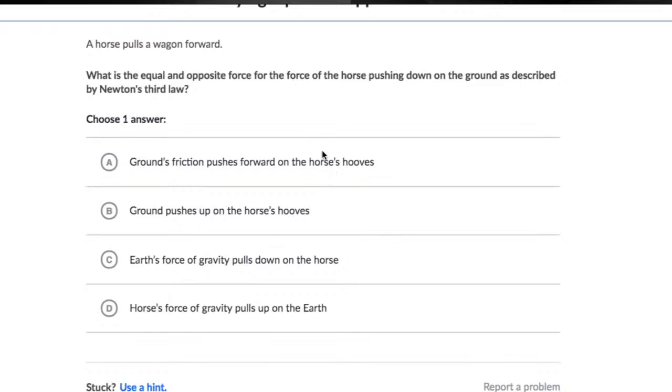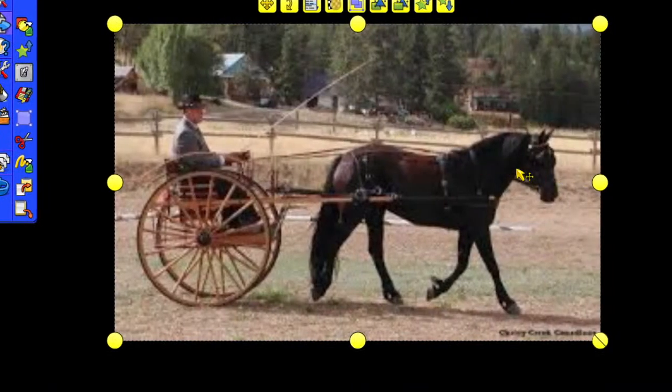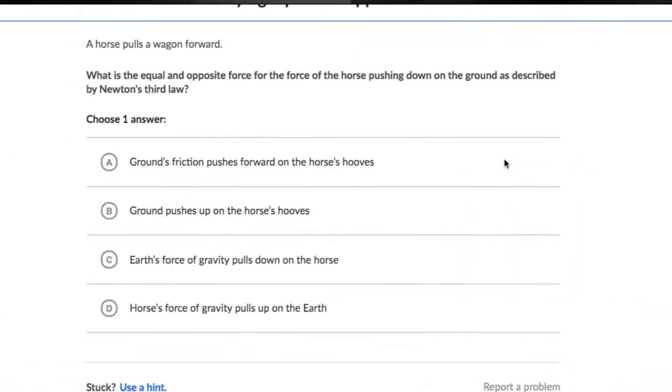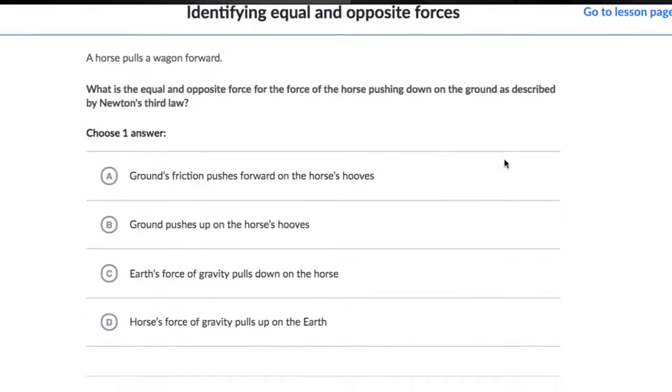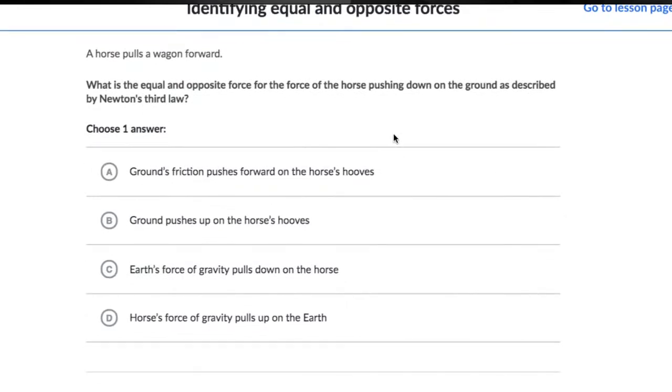What is the equal and opposite force for the horse pushing down on the ground? So I am practically explaining the situation. See this.